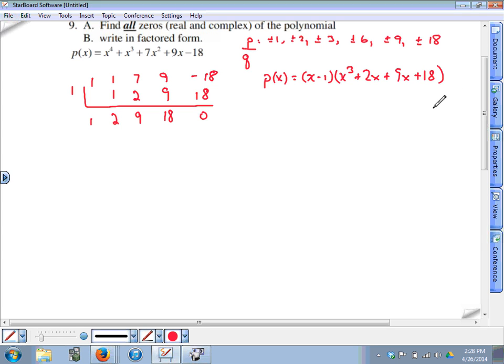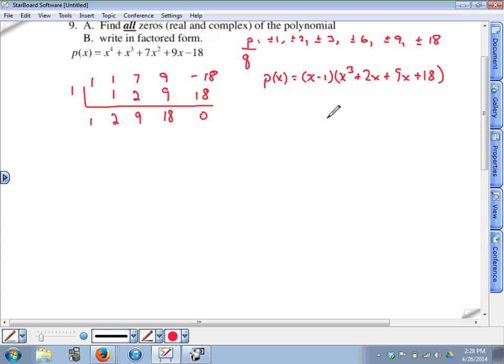Now we need to continue the process of choosing numbers from p divided by q, but we no longer have to revert back to the original polynomial for synthetic division. If a factor is a factor of the original polynomial here, it must also be a factor of this reduced polynomial. So whatever number you choose from this list, you can do synthetic division on this smaller polynomial here.